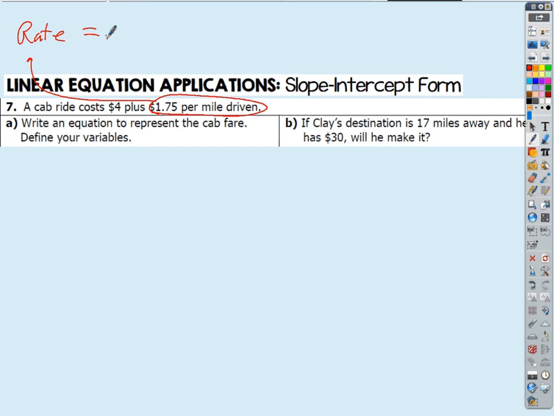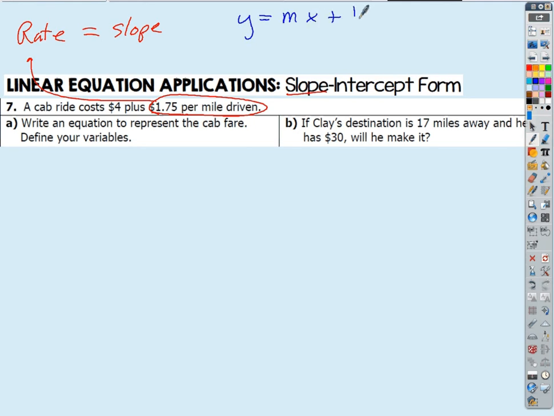Well, what does a rate equal mathematically? It's a slope, right? So when we see a rate like that, we know that we want to put this into slope-intercept form. We know that the form that's going to work for that linear equation is slope-intercept form.